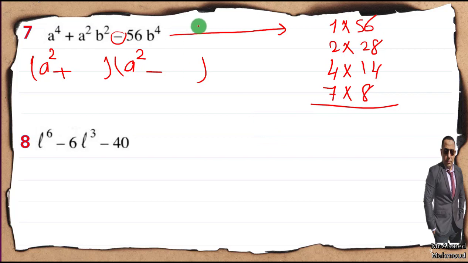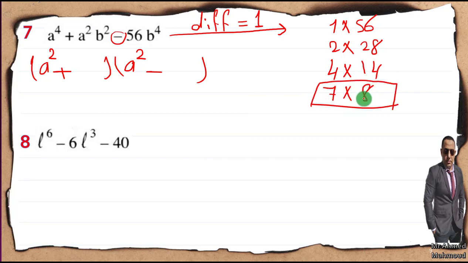Okay, I need two factors. The difference between them equals what? Here I haven't any coefficients, so the coefficient here is 1. So the difference equals 1. Which two factors? The difference between them is 1. Yes, they are 7 and 8.